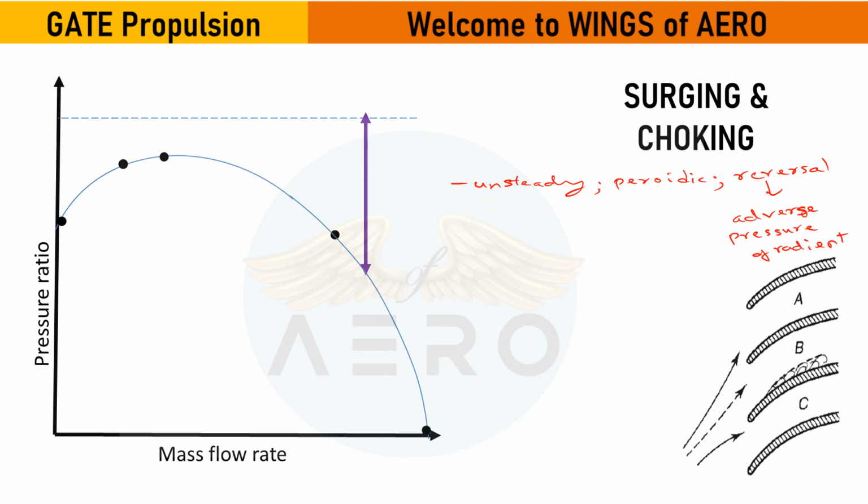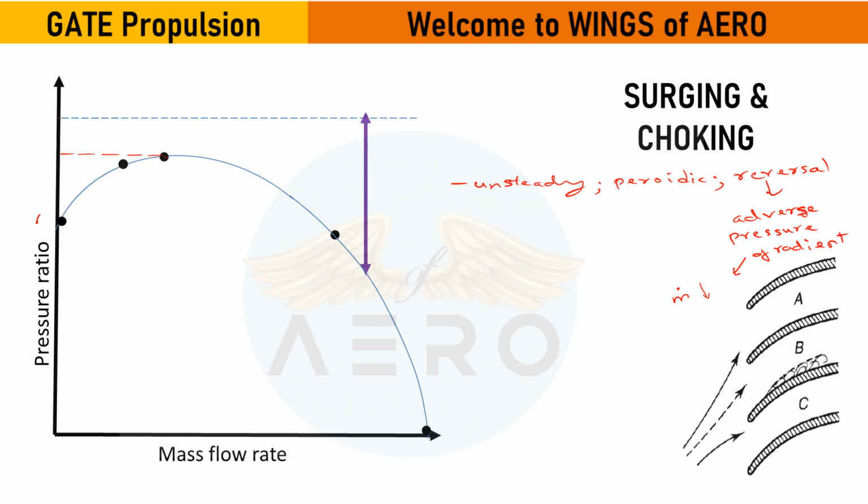Due to that adverse pressure gradient, the mass flow rate drastically decreases. Now you have to remember this diagram. Sometimes they can give you the diagram and ask you the significant points of this diagram.